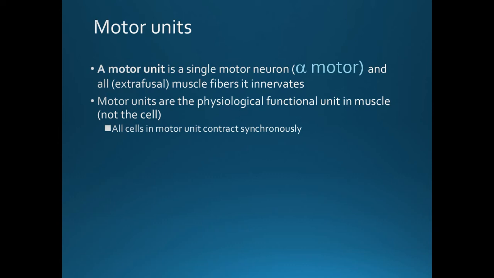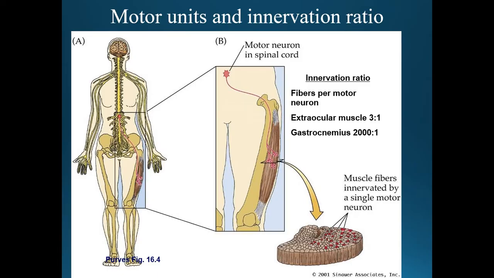All cells in a motor unit contract synchronously, as in the figure. Motor units have an innervation ratio. This figure shows the motor units and innervation ratio.